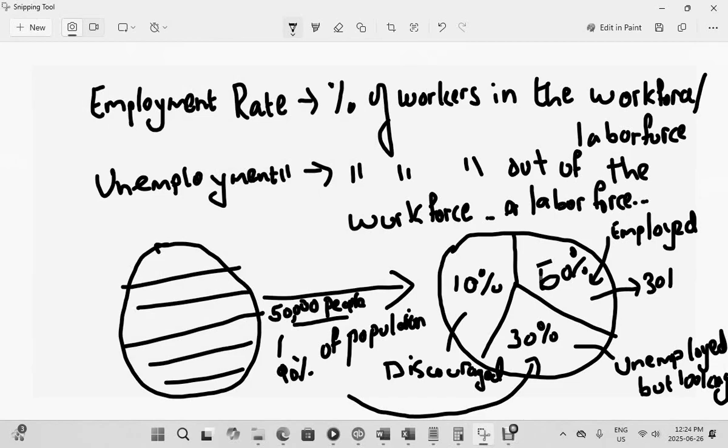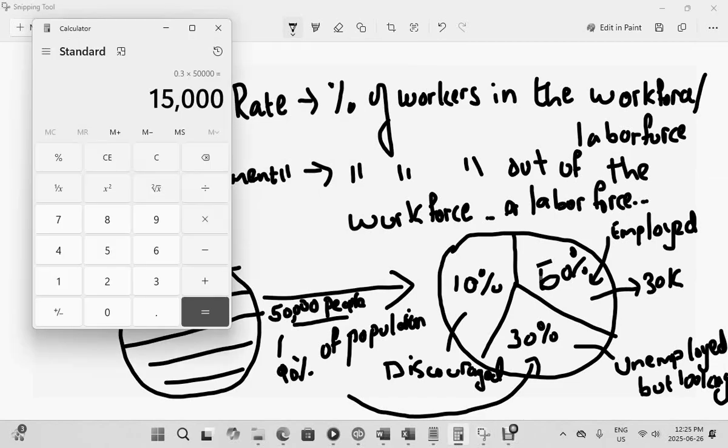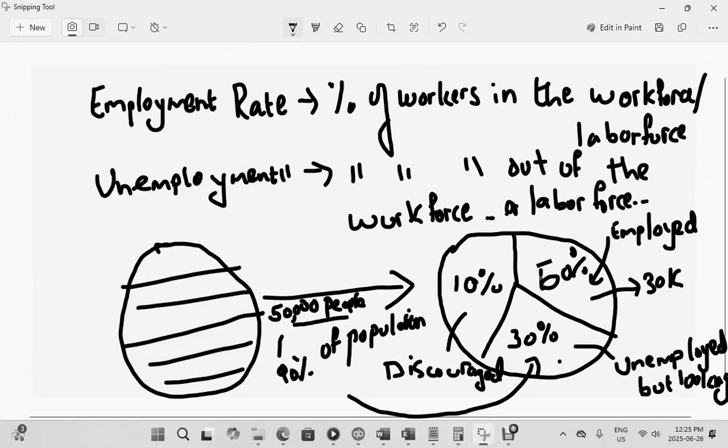Then 15,000 people are unemployed but looking for work.